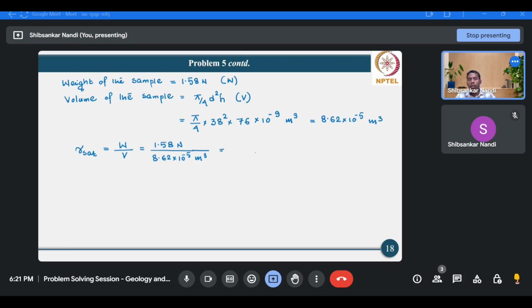That means 18.33 kilonewton per meter cube.